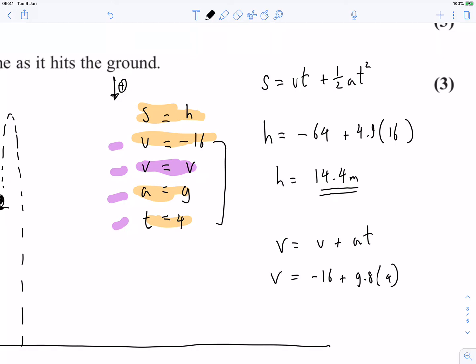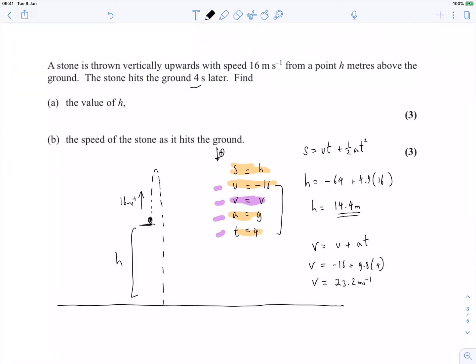So V is minus 16 plus 9.8 times 4. Apparently V is 23.2 meters per second. So it's hurtling down, hitting the ground at a speed of 23.2 meters per second. So yeah, fairly straightforward.